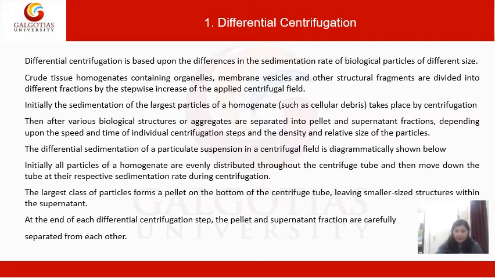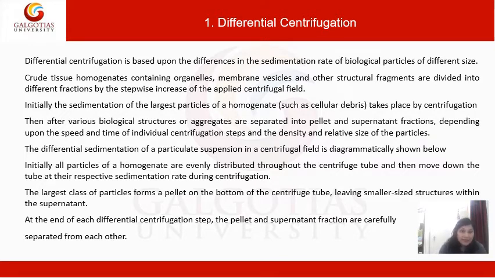Now coming to the detail of differential centrifugation. Differential centrifugation is based upon the differences in the sedimentation rate of biological particles of different size. Crude tissue homogenate that contains organelles, membrane vesicles and other structural fragments is divided into different fractions step by step by increasing the applied centrifugal field.